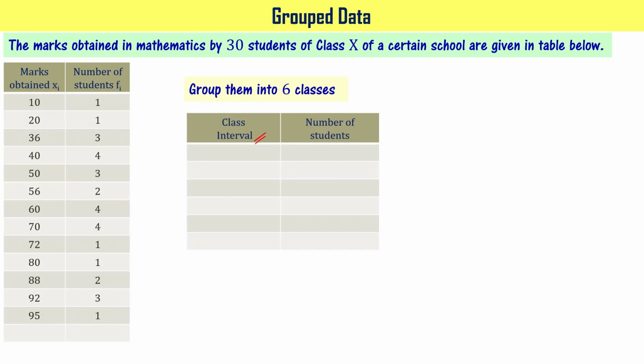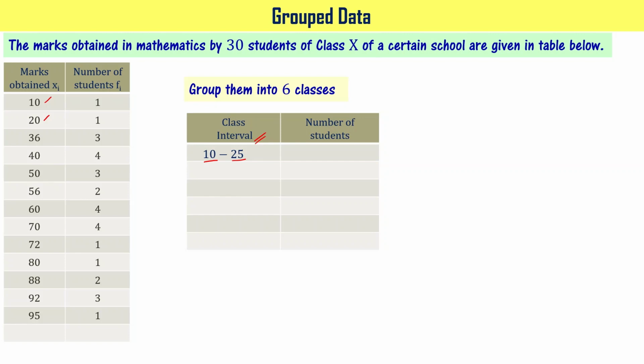Let me first say that 10 to 25 is one class. Here 10 is the lower limit of the class and 25 is the upper limit of the class. In this class we would be including the students who have got 10 marks and 20 marks. 36 marks is not going to be part of this particular class.